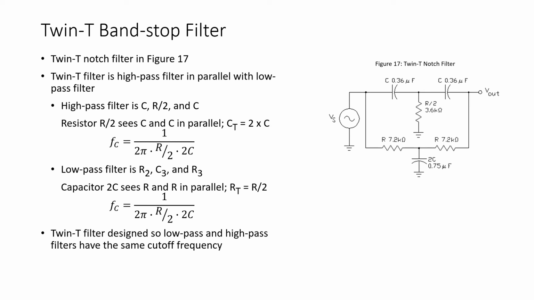Now, this filter is implemented by putting a high pass filter in parallel with a low pass filter. So the RC combination on top is a high pass filter. Again, at high frequencies, X sub C is small. There's a lot of current through the capacitors to the output.